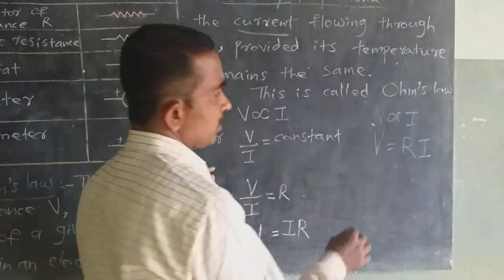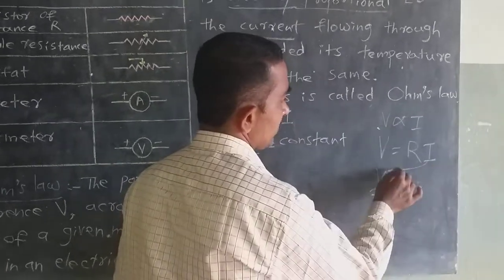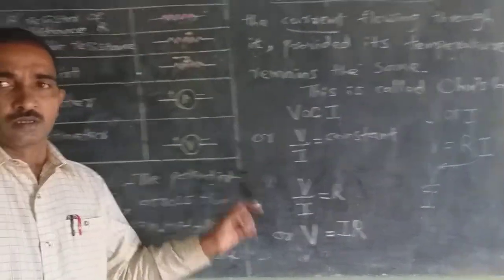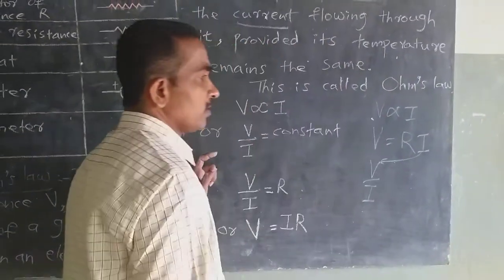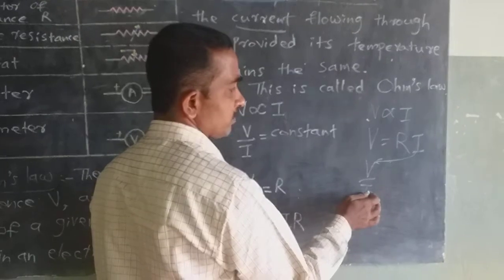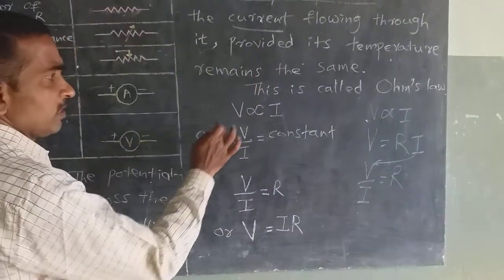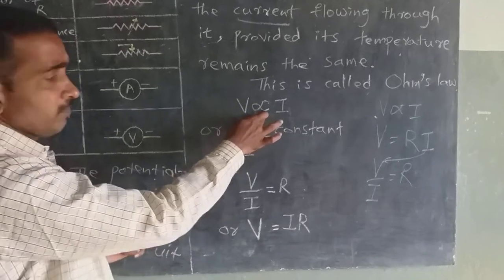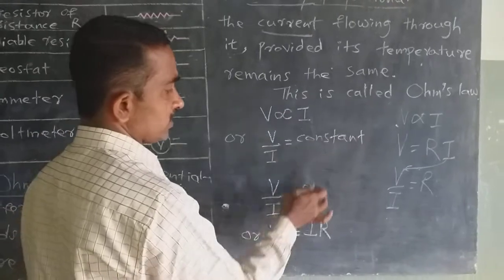See now, V by I, because this one we take to the left side. Here the multiplication sign is there between R and I. It will go to the denominator. V by I equals R. See this one. V directly proportional to I, or V by I equals a constant. Constant means what?